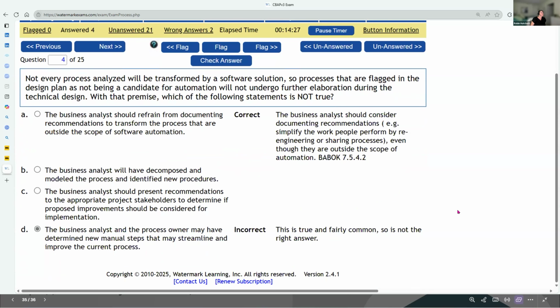Let's check it. Ooh, A. Okay, so the business analyst should consider documenting recommendations, for instance, simplifying the work people perform by re-engineering or sharing processes, even though they're outside the scope of automation. So this agrees with real life for me. Yeah. That question is just dumb. The scenario is just dumb. The way you're thinking about it is great.